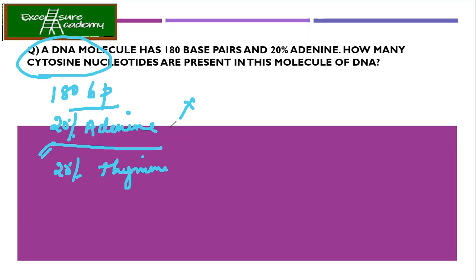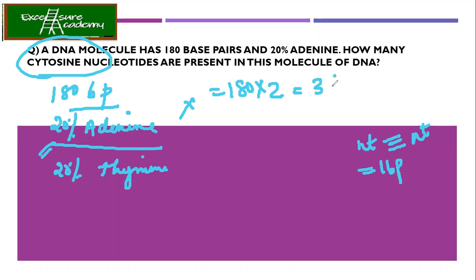You're reducing it actually. See, once you have one nucleotide here with the hydrogen bond, another nucleotide over here, it becomes one base pair, right? So 180 base pair means 180 into 2, 360 nucleotides. Now it is clear? Okay, so this is 360 nucleotides.